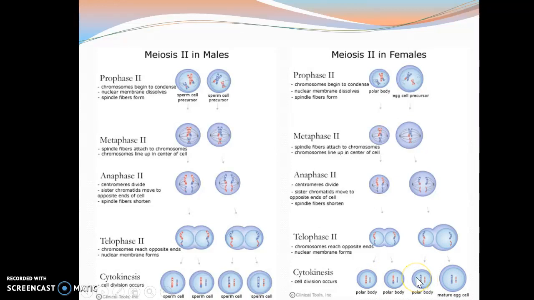So only 1 cell matures into an egg cell. So that's a difference between meiosis 2 in males and meiosis 2 in females. Males create 4 sperm cells, but females only create 1 egg cell, and the other cells are polar bodies, and eventually they disintegrate.